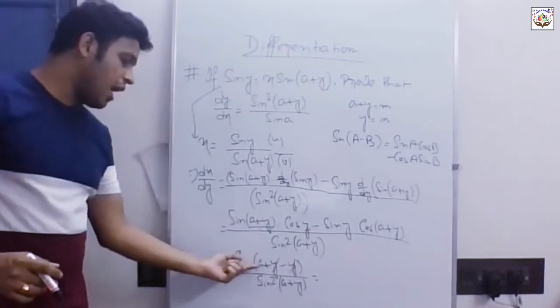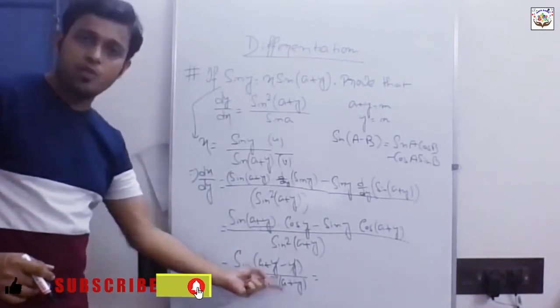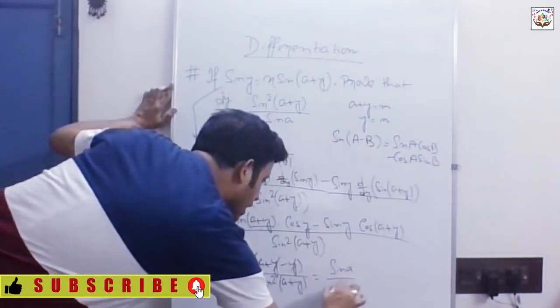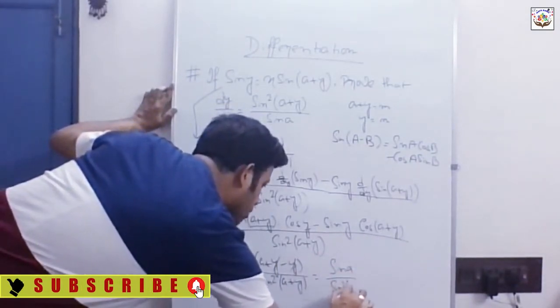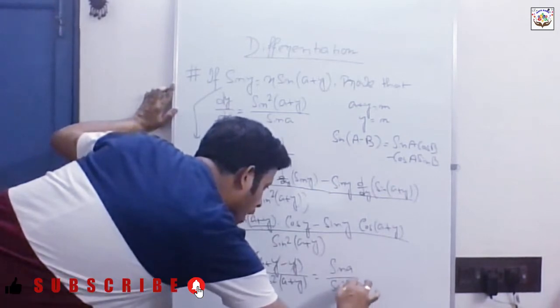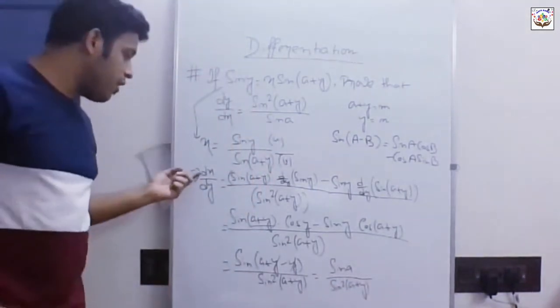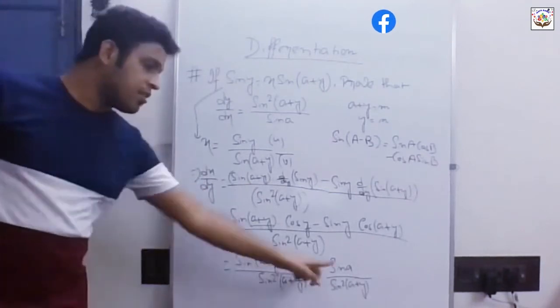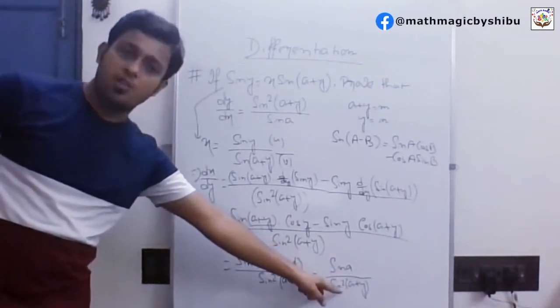So we have sin a divided by sin square (a plus y). This is the value of dx/dy: sin a divided by sin square (a plus y).